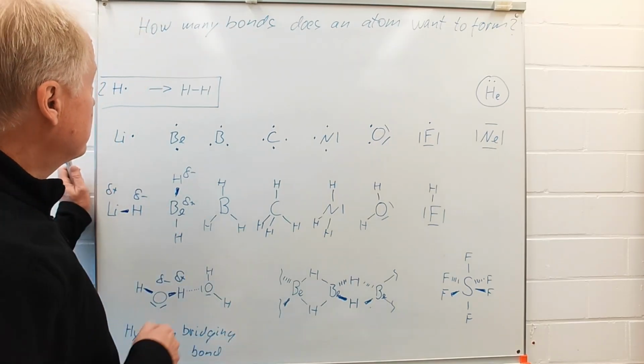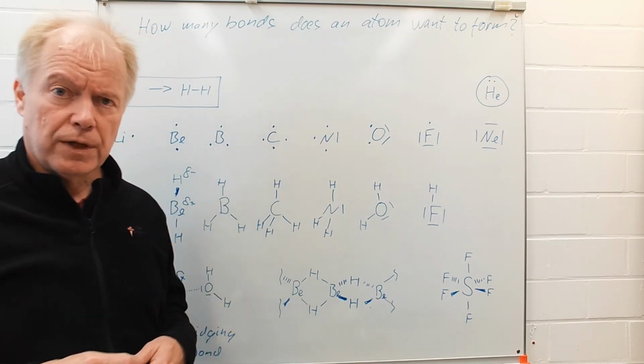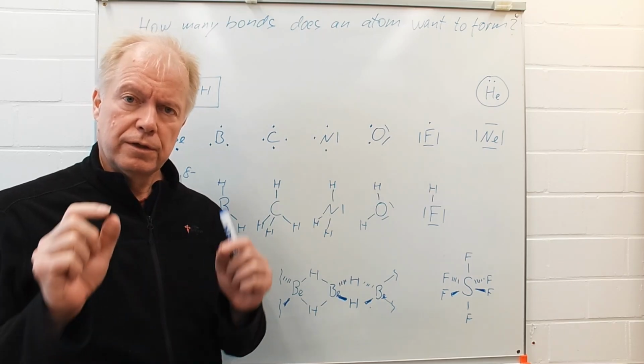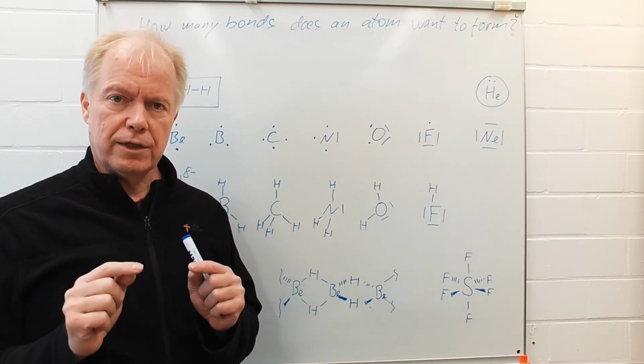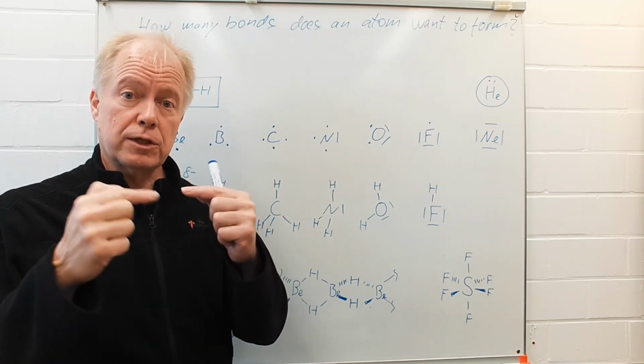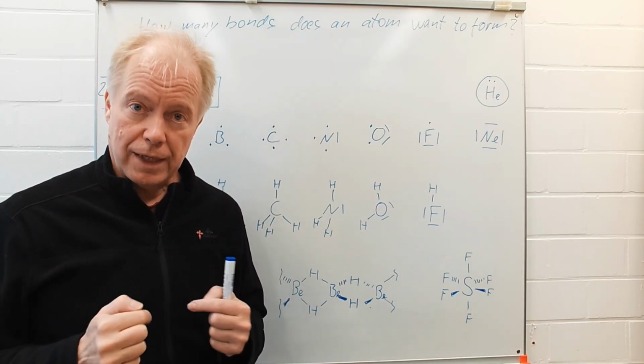Today we will ask the question, how many bonds does an atom want to form? There are three important factors. First of all, we need 2 electrons for the formation of an electron pair connecting those 2 atoms.